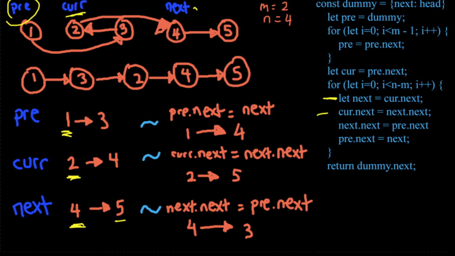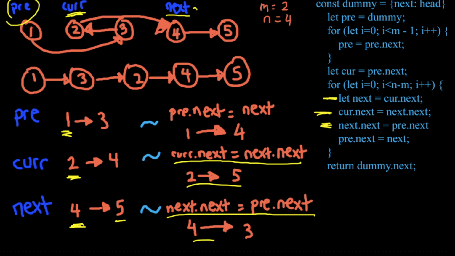And then current.next is next.next. So 2 is going to point to 5. Okay. And then what you want to do is next.next is pre.next. So next.next equals pre.next. Next we know is at 4. 4 is going to point to 3, okay?